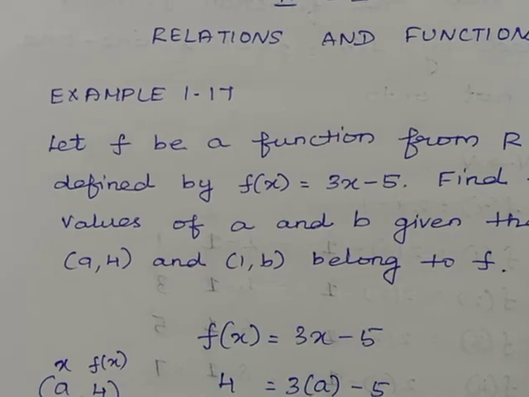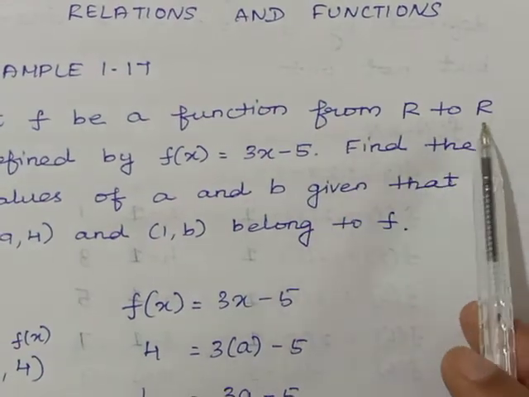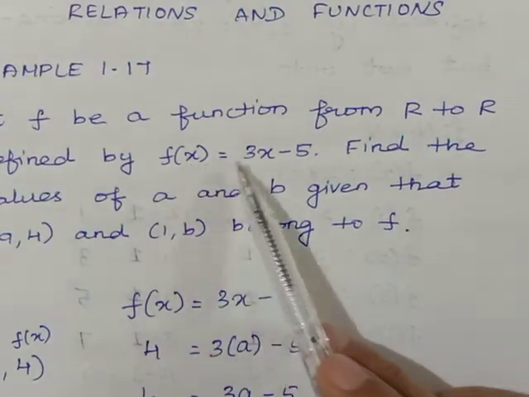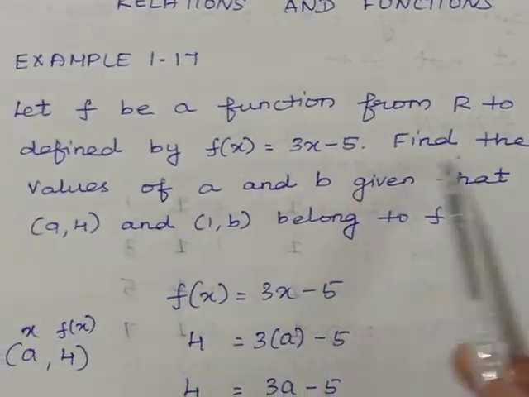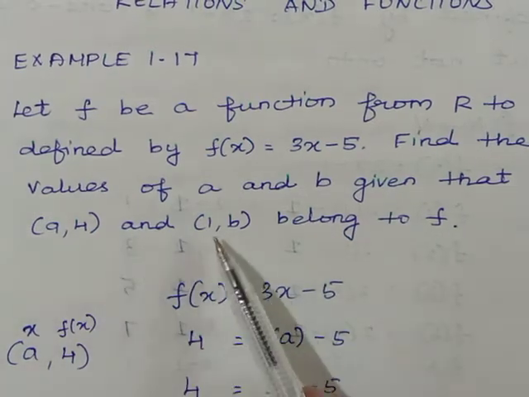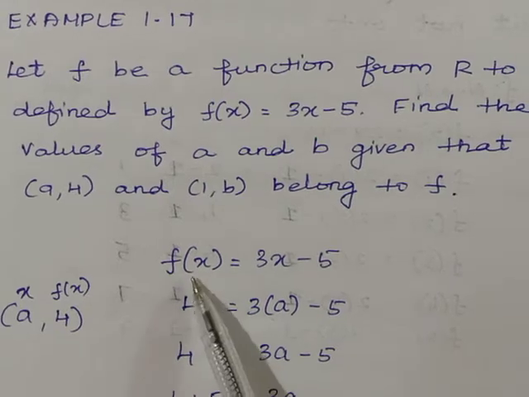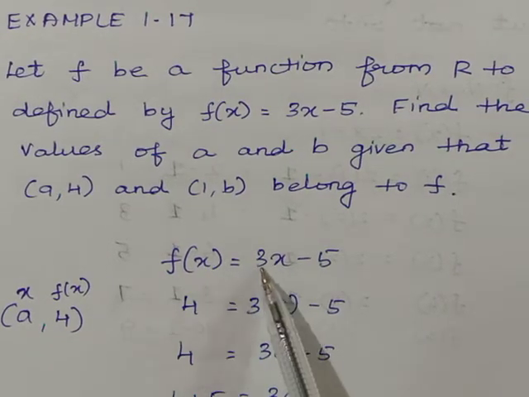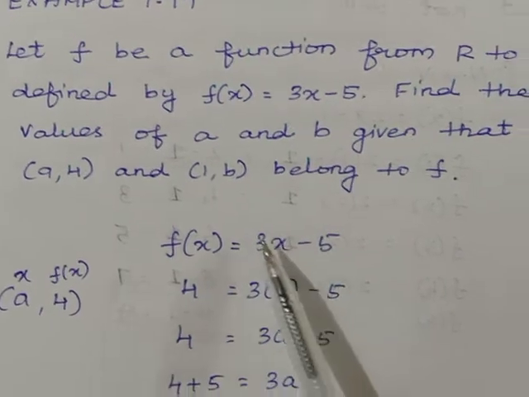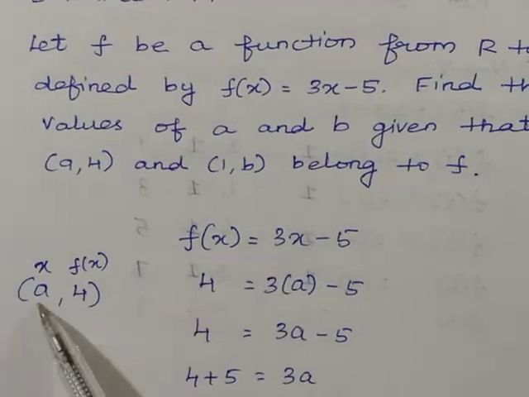Next, example 1.17. Let f be a function from R to R, real numbers, defined by f(x) = 3x - 5. Find the values of a and b given that (a,4) and (1,b) belong to f. Here your function is f(x) = 3x - 5.